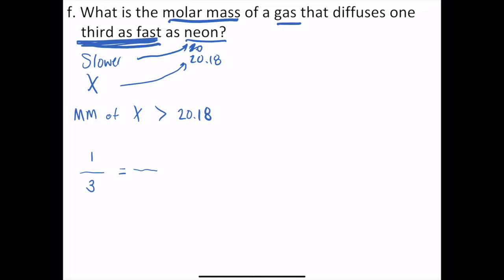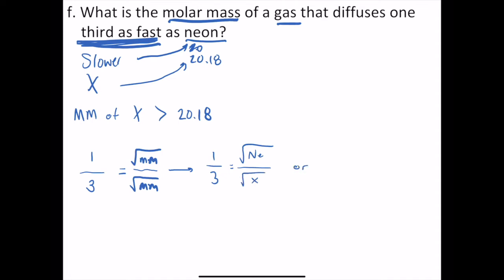So there's the 1/3, and both of these are going to be molecular masses. One of these is going to be x, and one of these is going to be 20.18, the neon. One option could be 1/3, with neon on top and x on the bottom.